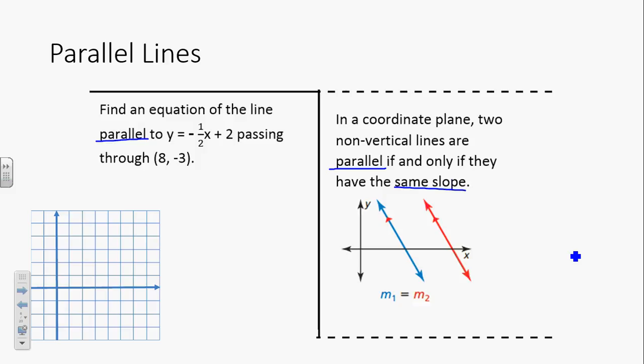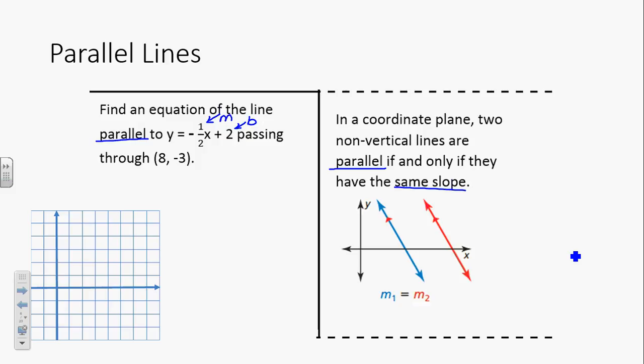Eric, what form is this in? Okay. When you get the y all by itself, what's it called? The slope y-intercept, right? Okay. So the y is by itself. That means that the number in front of the x is the slope, and the number all by itself is our y-intercept. Okay.